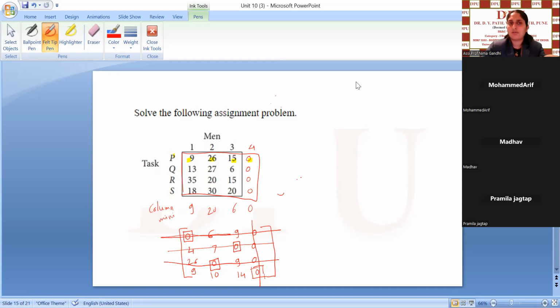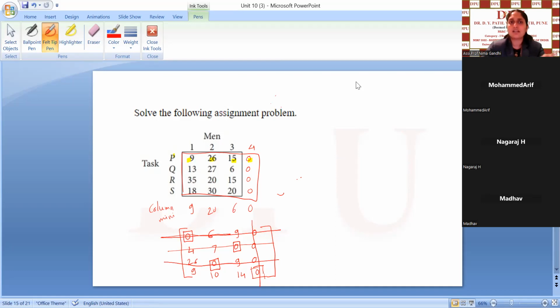When he uses machine P for completion of the task, he is spending 9 rupees, or he can complete the task with machine P by spending just 9 rupees. If worker 2 is using the same machine and performing the task with machine P, to complete that particular task he is spending 26, the cost is 26.